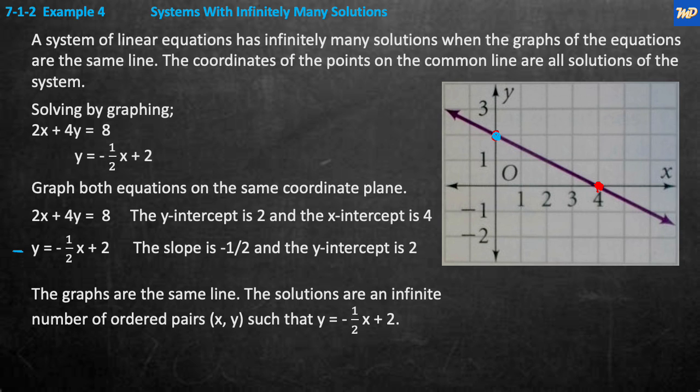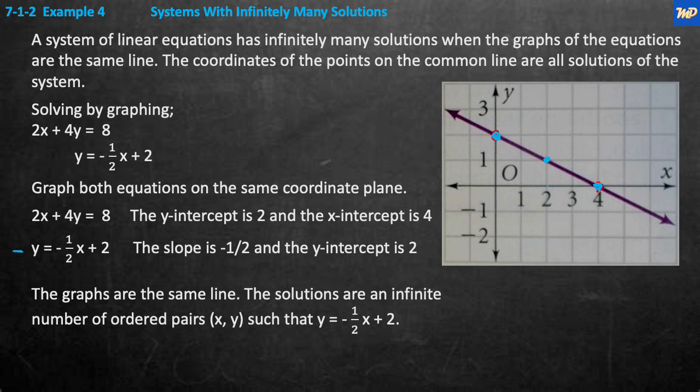We go 1 down and 2 to the right, 1 down and 2 to the right. Okay? The slope is -1/2 and the y-intercept is 2.